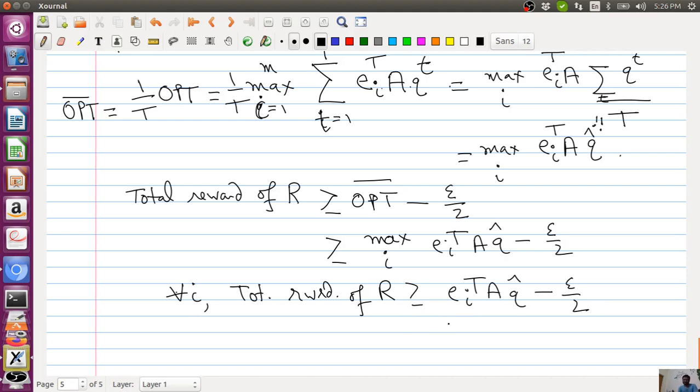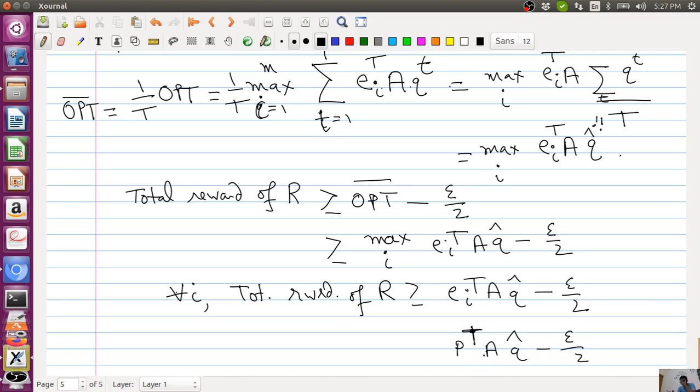Now what if I replace this pure strategy e_i by an arbitrary mixed strategy, which is a probability distribution over all the pure strategies? So p transpose A Q hat minus epsilon over 2. What does it mean?